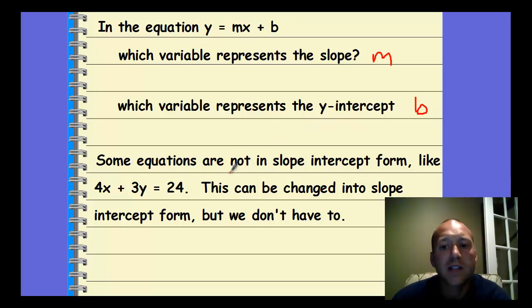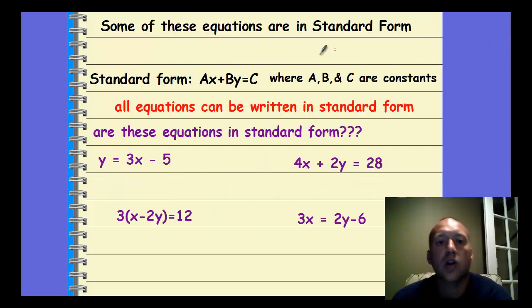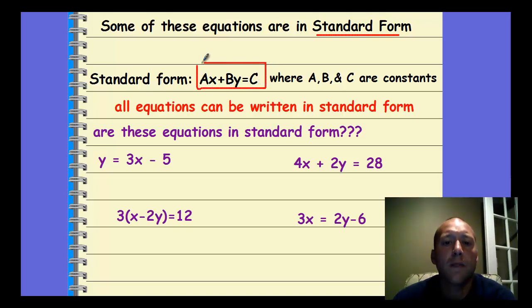Some equations are not in slope-intercept form, like the one we just solved. This can be changed into slope-intercept form, but there's actually another shortcut. These equations are in what's called standard form. Standard form is ax plus by equals c, where a, b, and c are just constants.